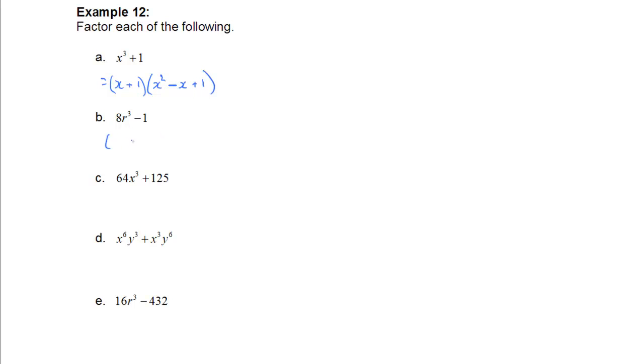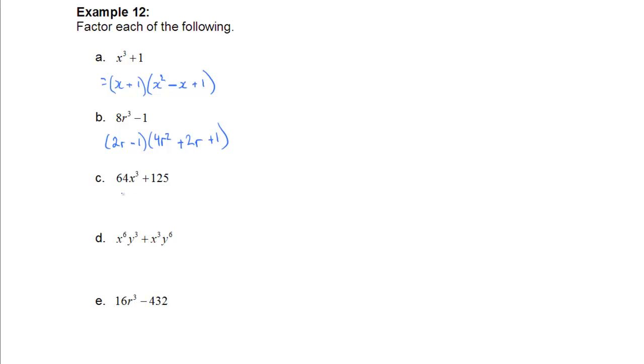This is again difference of cubes. So 2r, that's minus 1. Square the first, opposite of the product is plus 2r, and square the last. 64x cubed and 125.